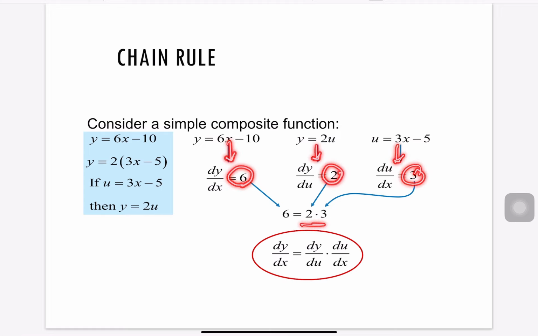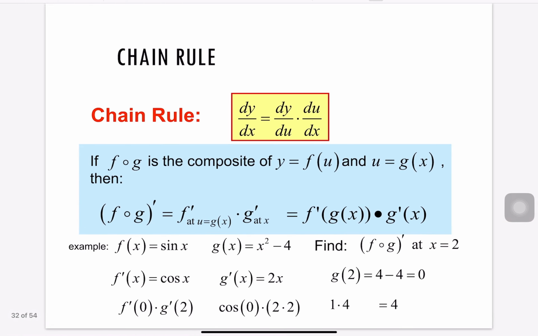If you multiply 2 and 3, it will be the same number. It is one of the rules that usually comes in the exam. If we want to find the derivative of the chain rule or composite function, it is the derivative of the outside function multiplied by the derivative of the inside function.